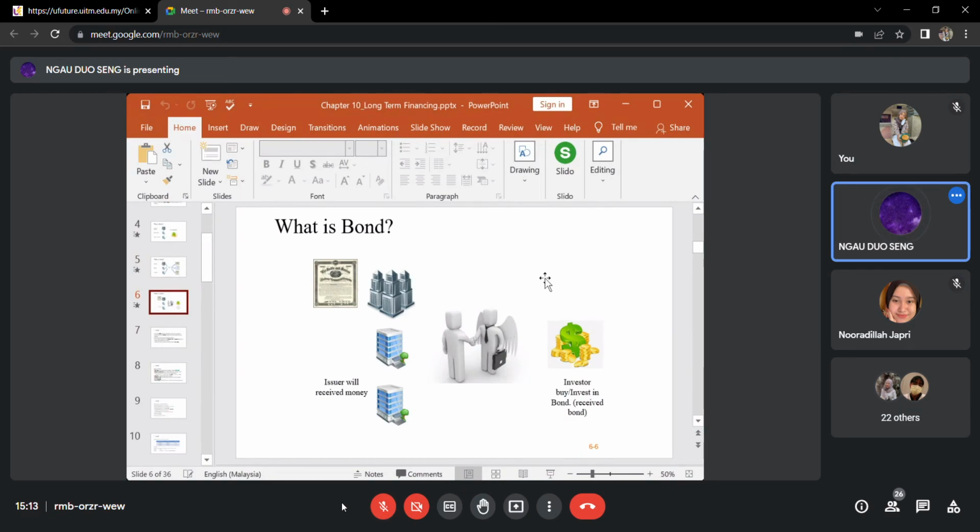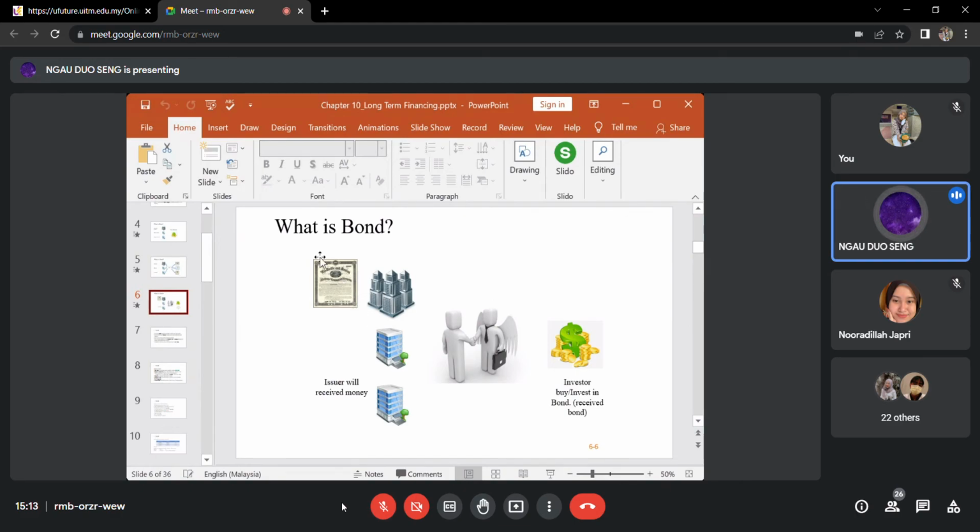Alright, so dia cari investors lah. So investors adalah angel, right? So investor dia akan buy atau invest in bond. So in this case, investor akan bagi duit kepada syarikat. Syarikat akan bagi pelabur the certificate sijil sebagai bukti bahawa dia beli atau bahawa dia pinjam, right?